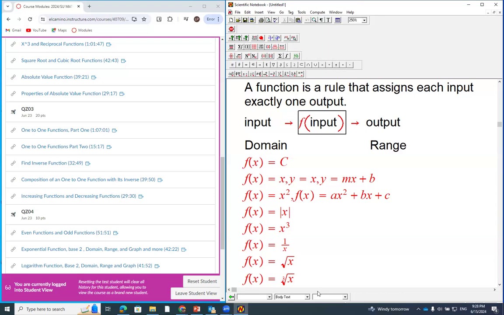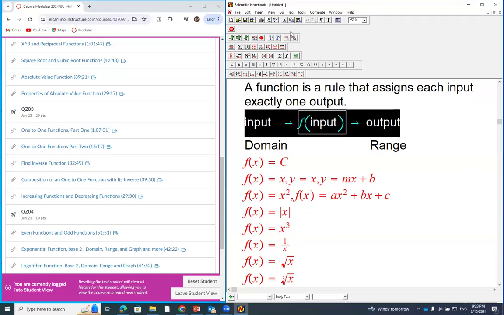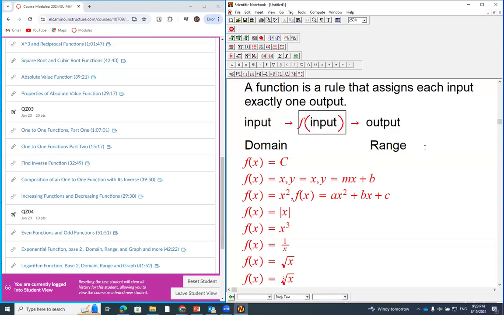For each one of these rules, we will study whether they are one-to-one, increasing, decreasing, even, or odd. We study all of these properties. And what else do we study about these functions?